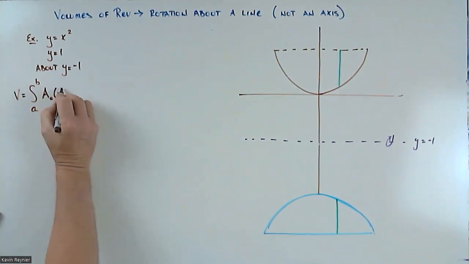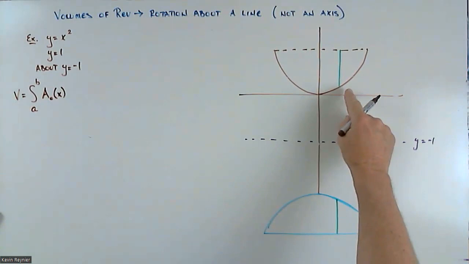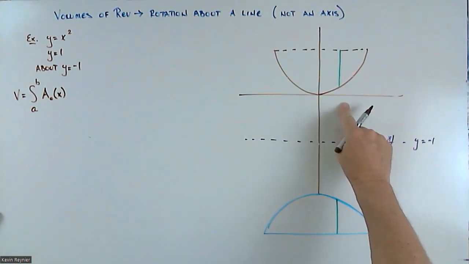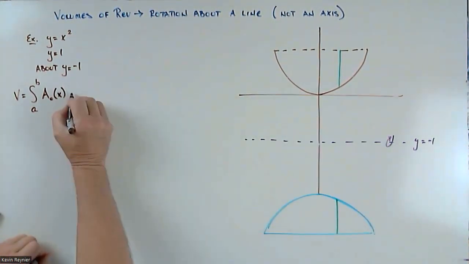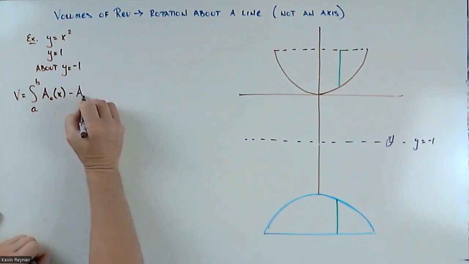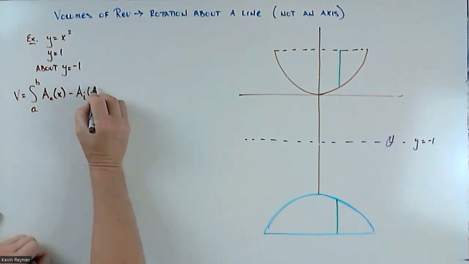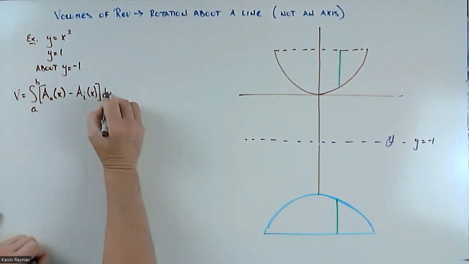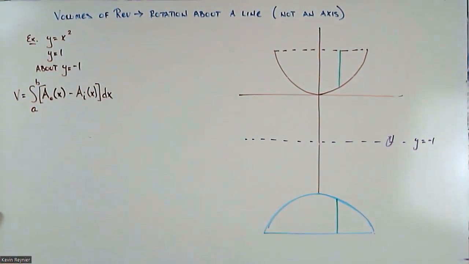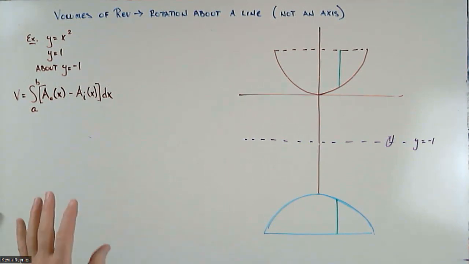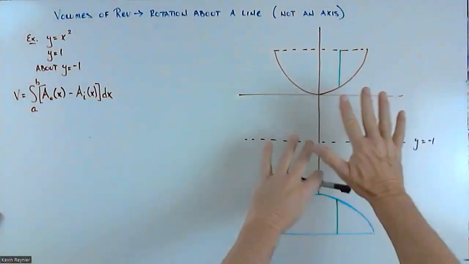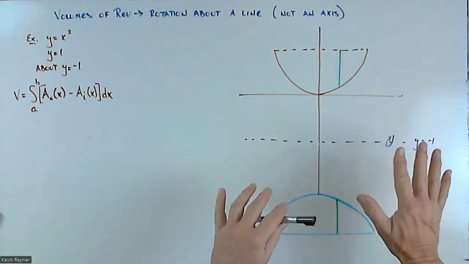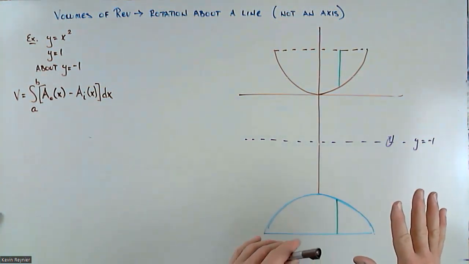It's going to be in terms of x this time, because again, my slice is perpendicular to the x-axis, minus my inner area. That is also going to be in terms of x. And I'm going to put dx right here. The same thing we did in the previous example, all of this to make sure that we understand that when we're done working over here, our functions must be in terms of x.